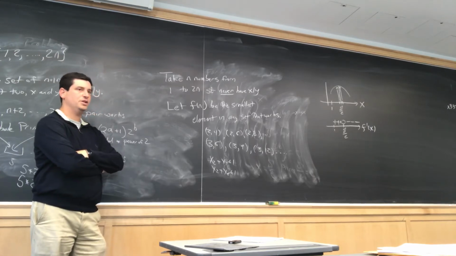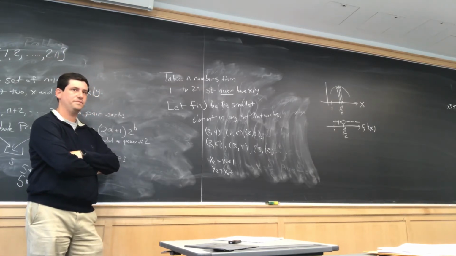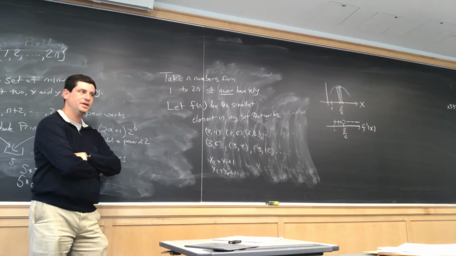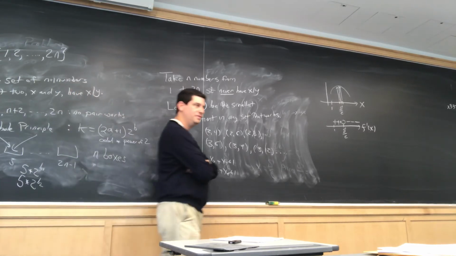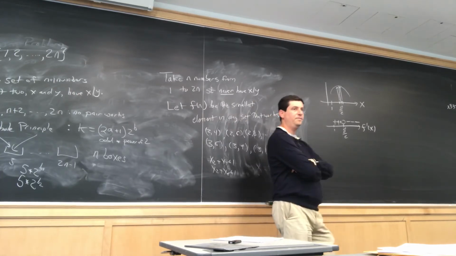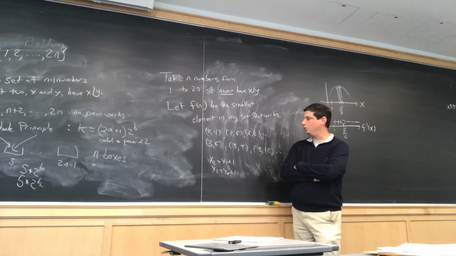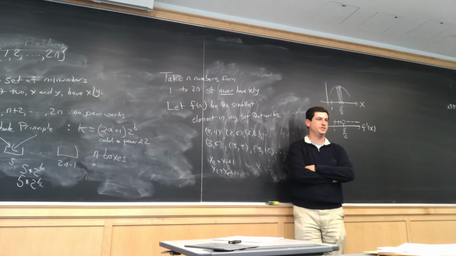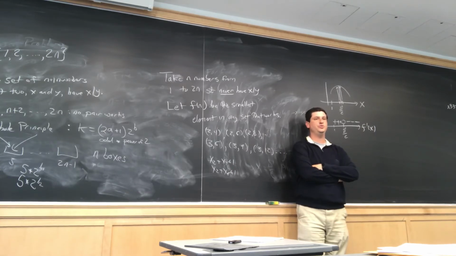How would you find the smallest? Yeah, how would you set this up? So, we want to make sure we only choose n elements. How would you have a constraint that we only choose n elements?